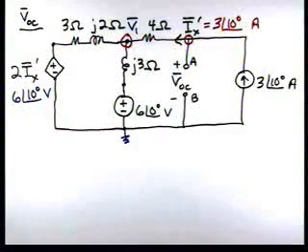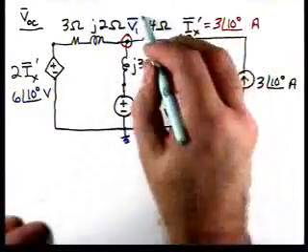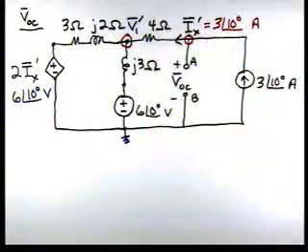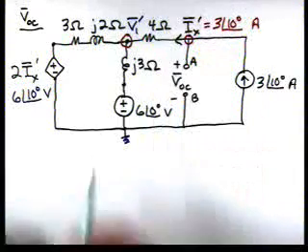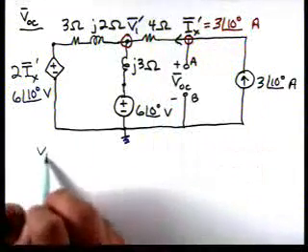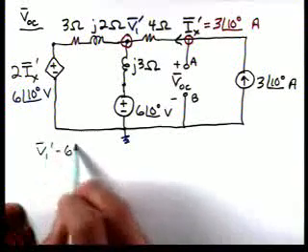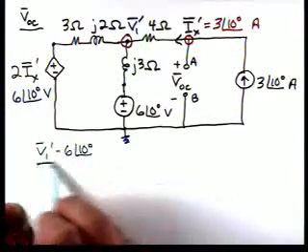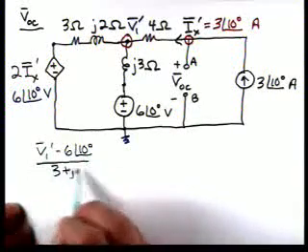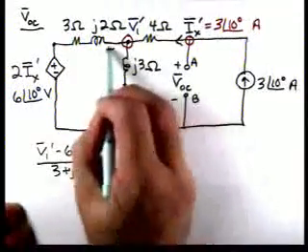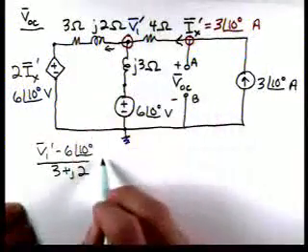I'm going to call that V1 prime. Let's solve for V1 prime now by writing a nodal equation. So we have V1 prime minus 6 at an angle of 10 over 3 plus J2. That's the current leaving that direction.